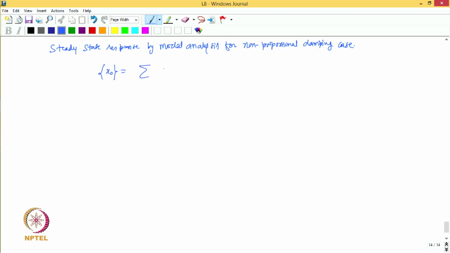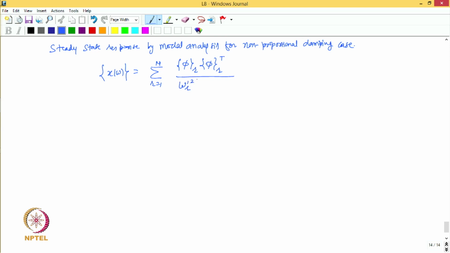So, we get x of omega is equal to summation from r is equal to 1 to n phi r transpose divided by omega r dash square minus omega square plus I omega r dash square eta r, and then we have f of omega.